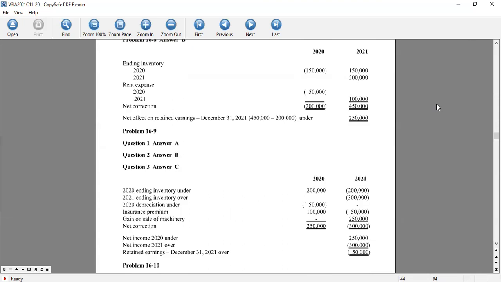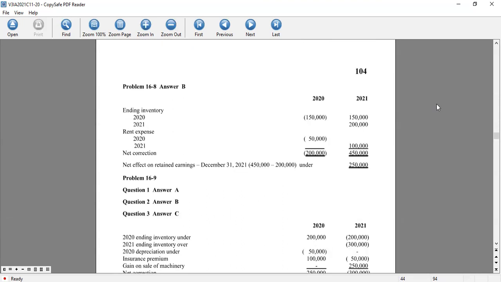Then we go to problem number 8. The question is, if none of the errors were detected or corrected, what amount should be reported as the net effect of the errors on retained earnings on December 31, 2021? So in problem 8, we now have 2020 and 2021.